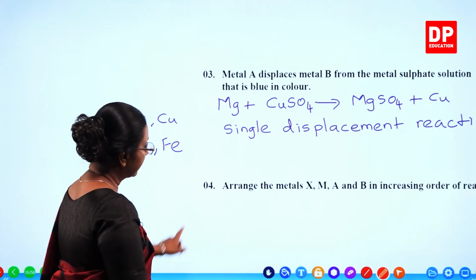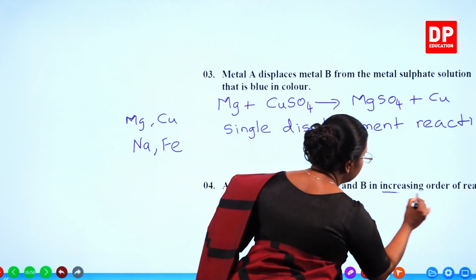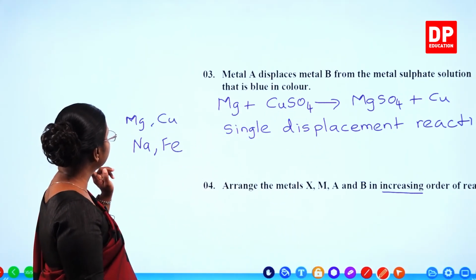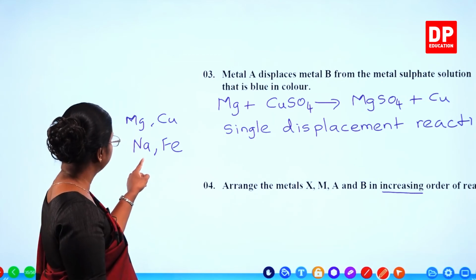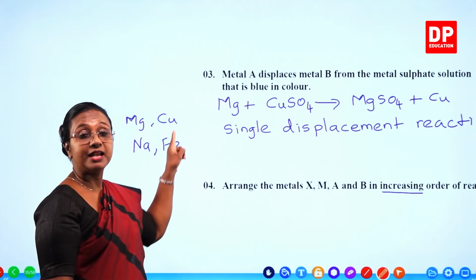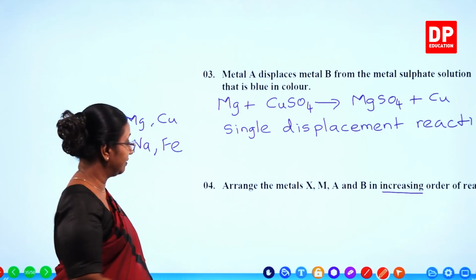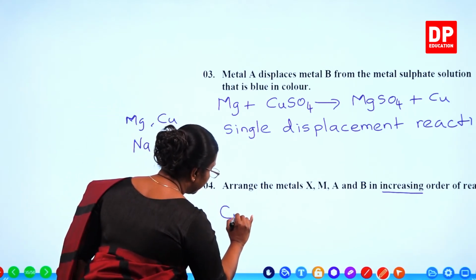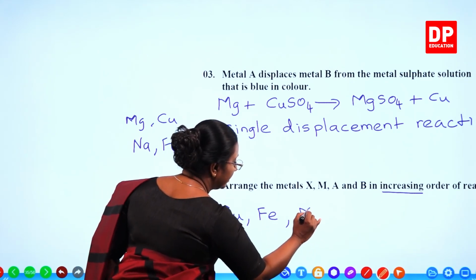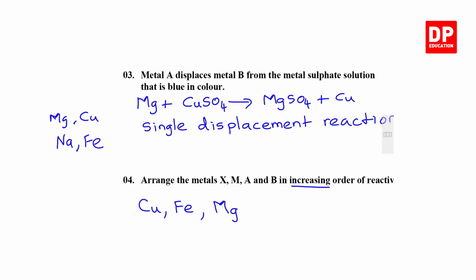Out of all these, arrange the metals in increasing order of reactivity. So what is the metal with the highest reactivity? Sodium. Then the next one, magnesium, iron and copper has the lowest reactivity. So we need to start with copper, then we have iron, then magnesium and sodium.